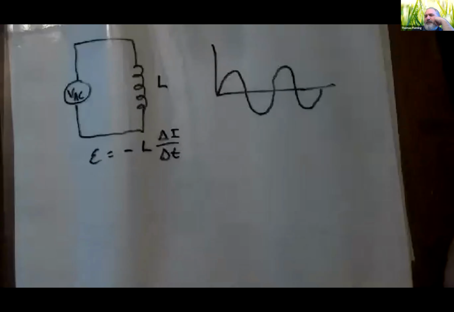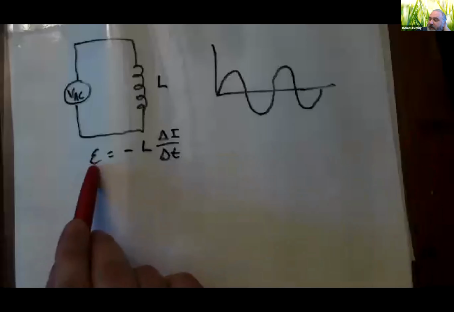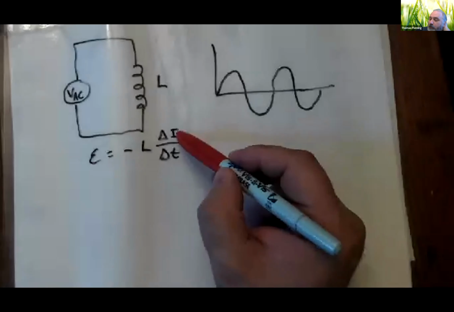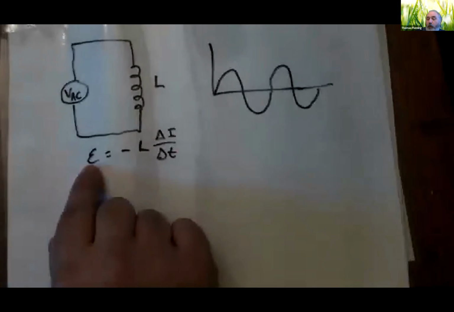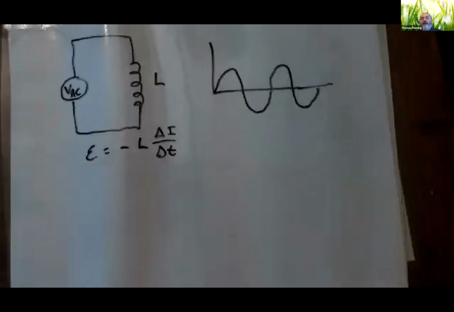So this current graph that I'm trying to derive is going to be interesting because when the voltage is big, then the slope of my current graph has to be big. And when the voltage is zero, the slope of my current is going to have to be zero. Except, wait a second.